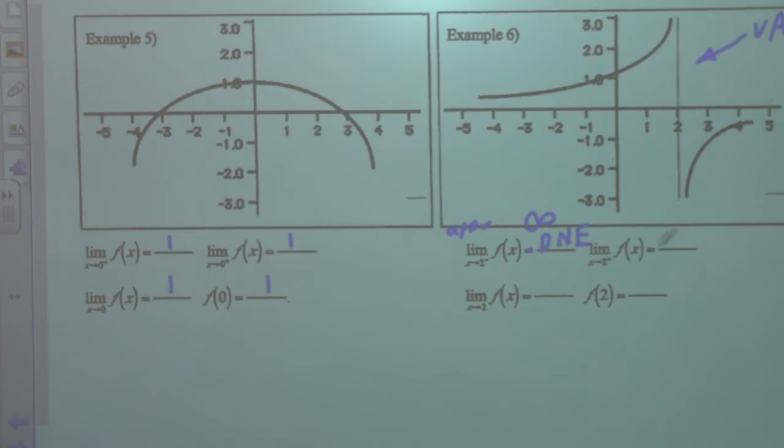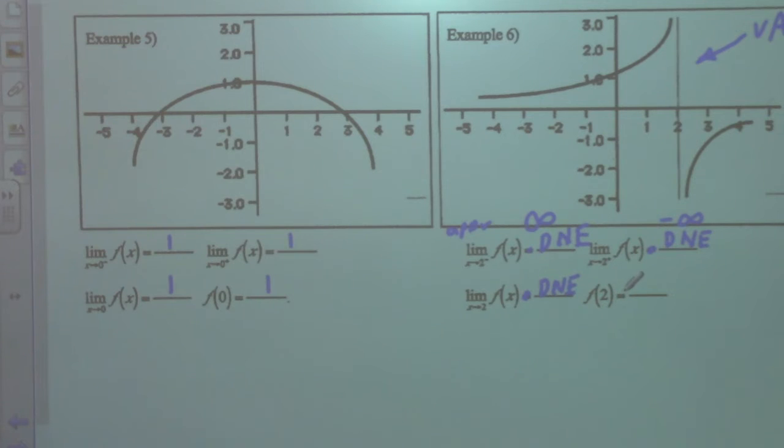The limit as x approaches 2 from the right side of f of x also does not exist. In this case, what are we approaching here? Negative infinity. It does not exist in the manner of approaching negative infinity. And the limit as x approaches 2 of f of x does not exist.